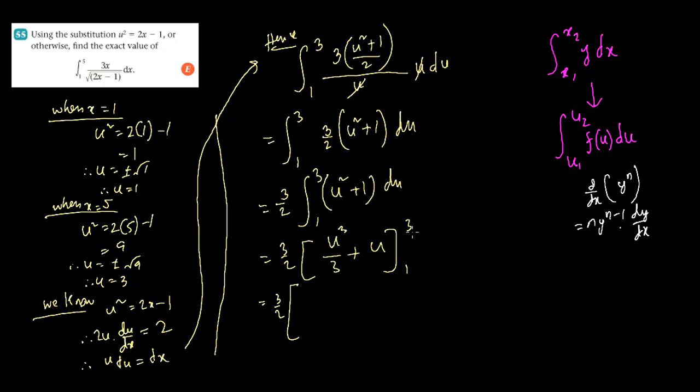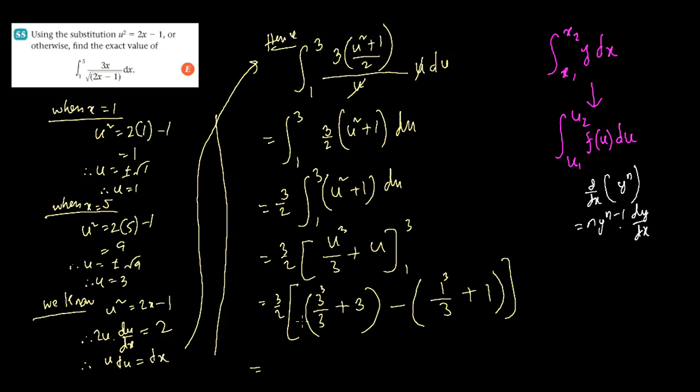As we put the limit here, 3 would give 3 cubed by 3 plus 3. Remember, 3 by 2 is multiplied with the entire integral, minus, if I put 1, it would be 1 cubed by 3 plus 1.